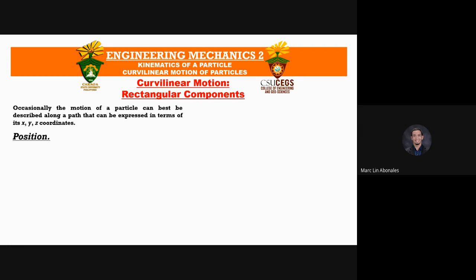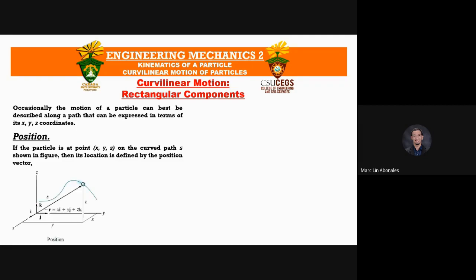And talking about the geometric aspect, we start with the position. So if the particle is at point x, y, z in three-dimensional on the curved path S, shown in the figure below, then its location is defined by the position vector.